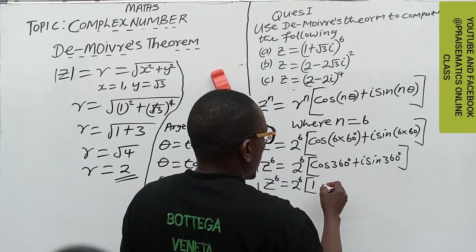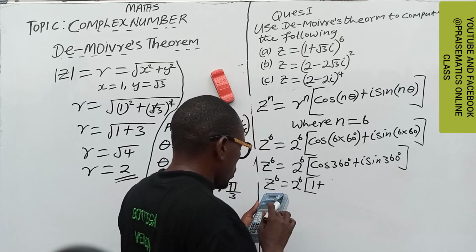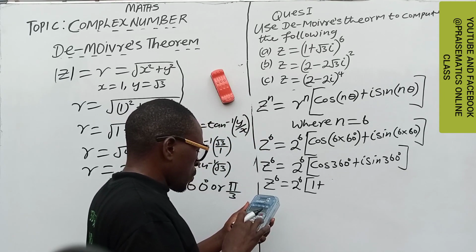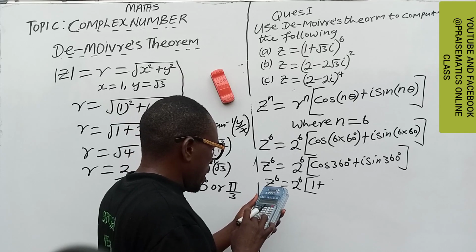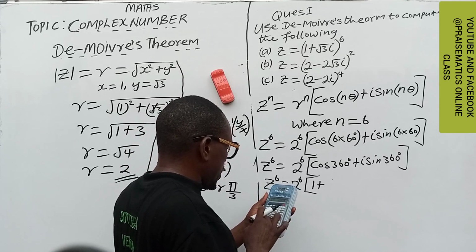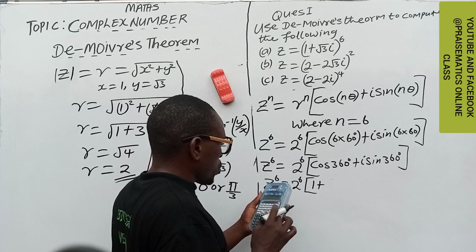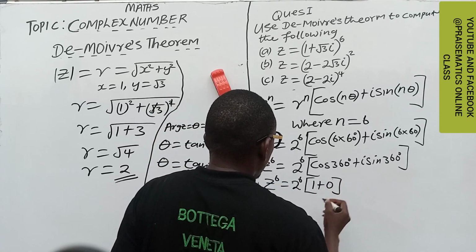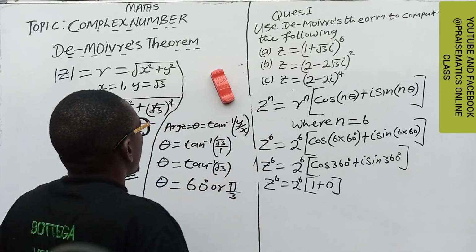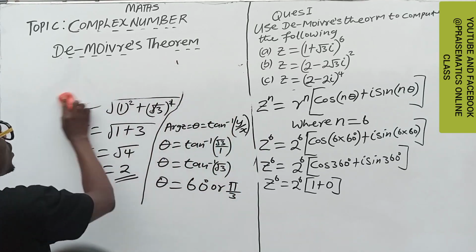Cos 360 is 1 plus now sine 360 will give us 0. Sine 360 will give us 0. So now from this place, let's continue here and finish it up.